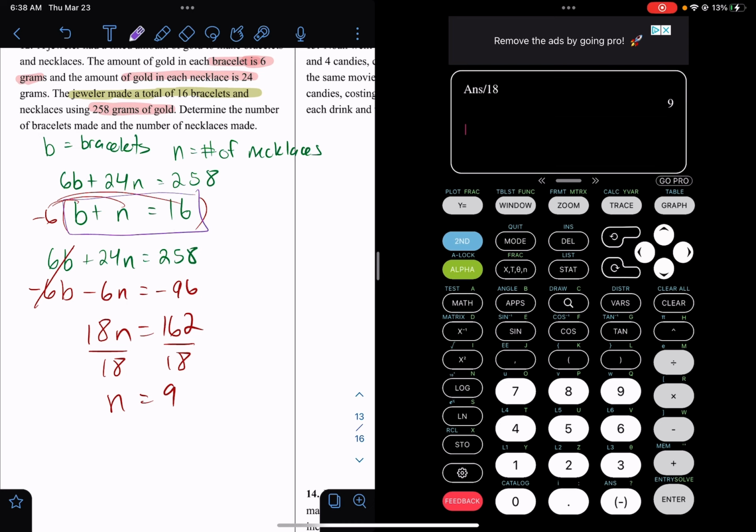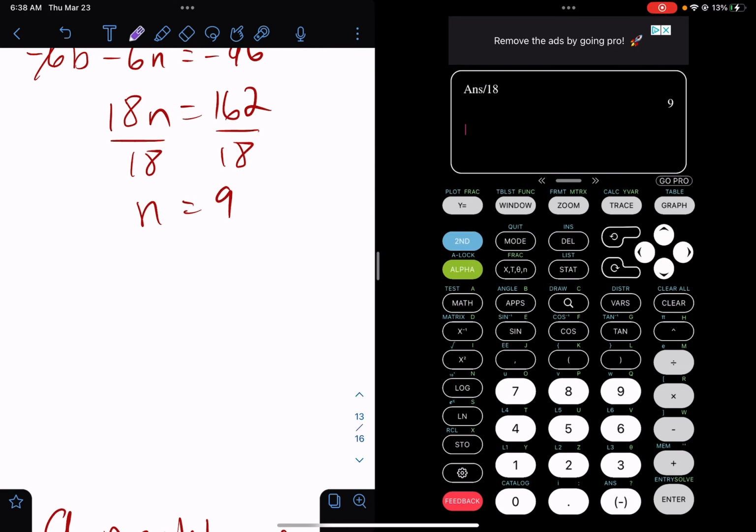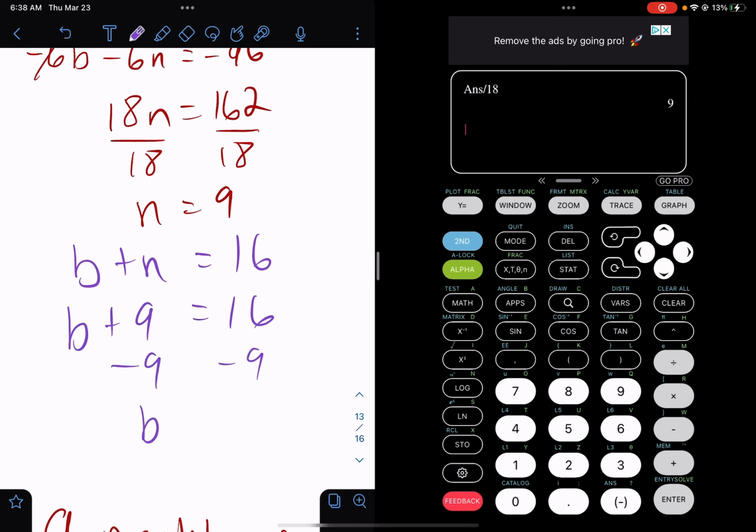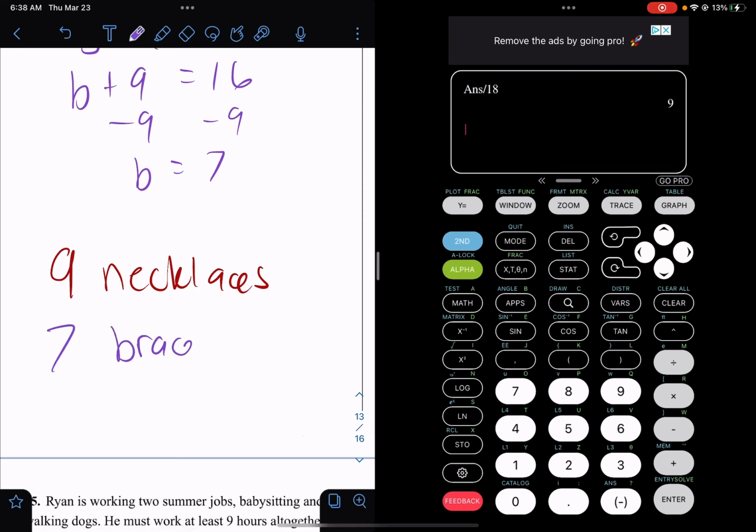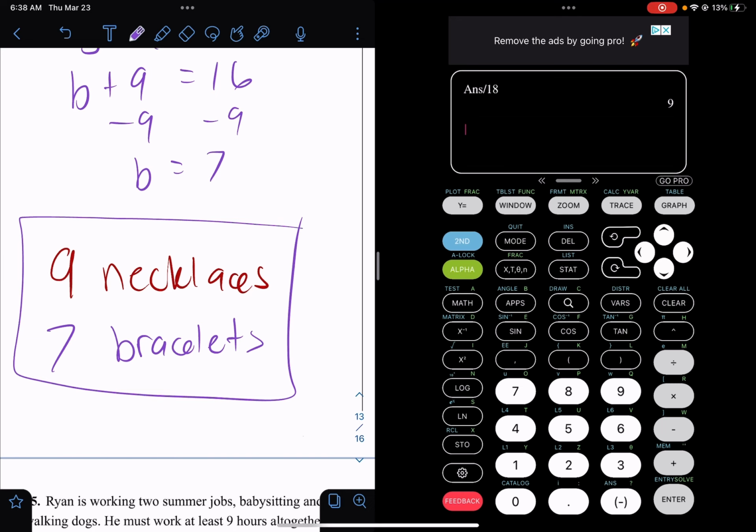So we know that if our n is 9, b plus n equals 16. Well, b plus 9 equals 16. We would subtract 9, and we get that our number of bracelets is going to be 7. So 7 bracelets. All right, and that is how you do those problems.